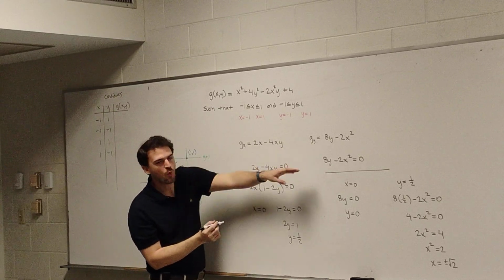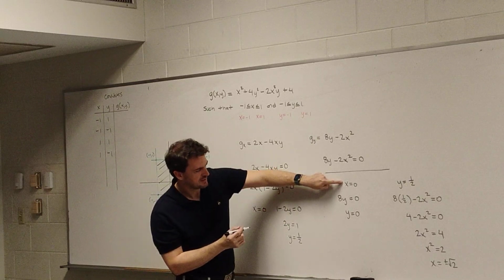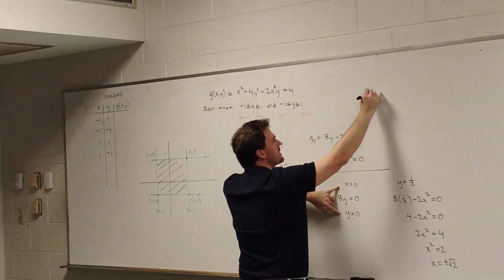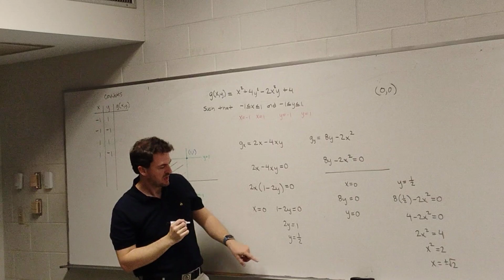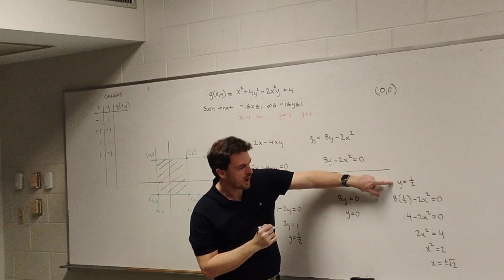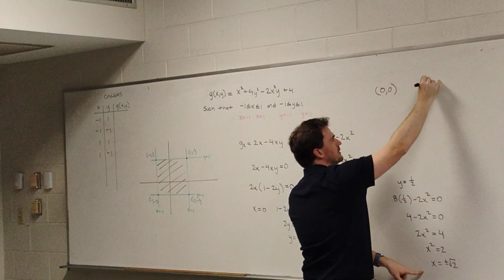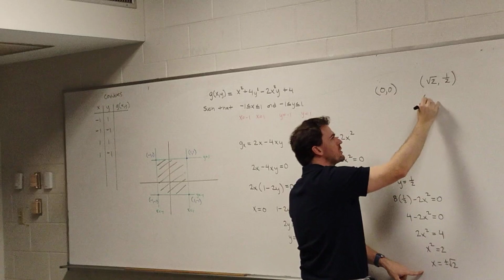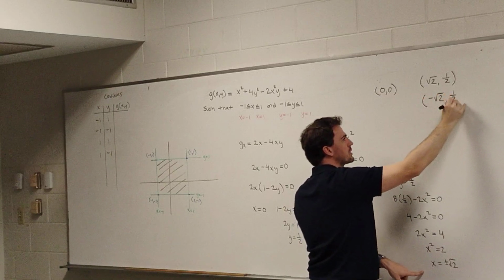Well, if x equals 0, then y equals 0. So that's one of my critical numbers, 0, 0. If y is 1/2, I get plus or minus root 2, which means the coordinates are square root of 2 comma 1/2 and negative square root of 2 comma 1/2. You've got 2 points there.